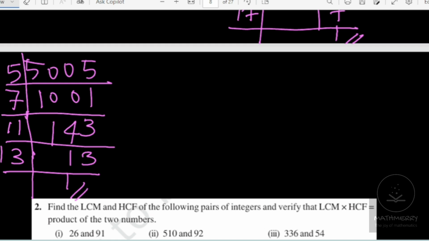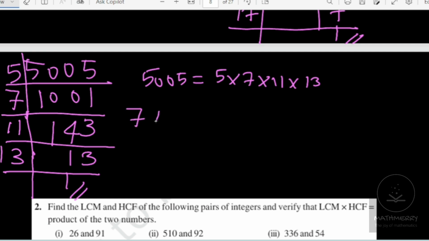So the prime factorization of 5005 is equal to 5 into 7 into 11 into 13. In the same way, for 7429, we will get 17 into 19 into 23.